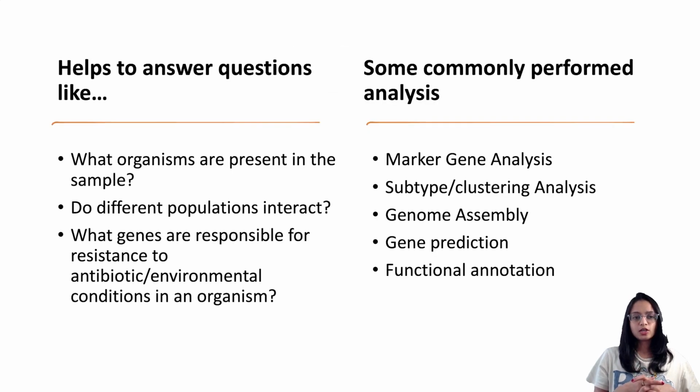Data from metagenomic sequencing can be used to answer questions like what organisms are present in the sample, do different populations interact, and what genes are responsible for conferring resistance to antibiotics or environmental conditions in an organism. Some of the commonly performed analyses are marker gene analysis, subtype or clustering analysis, genome assembly, gene prediction, and functional annotation for genomes that have not previously been sequenced.